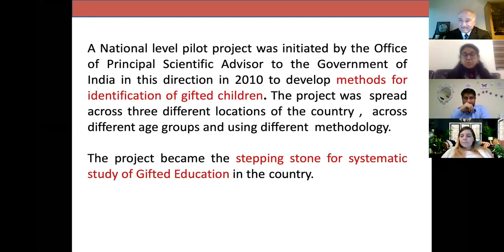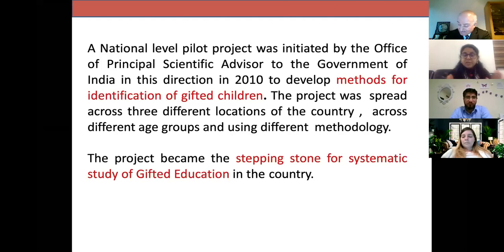The project started with an idea to identify gifted students in science and maths, but the methodologies and processes developed are applicable to other subject domains also.